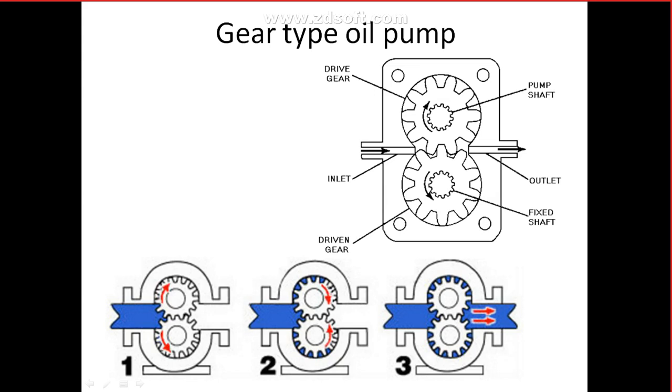Okay, so slowly this oil occupies the gear portions and it rotates. So when it is rotating along this gear, there will be energy transfer from the gear to this oil, and again it comes out with kinetic energy.